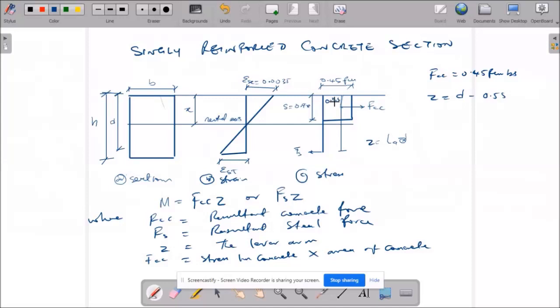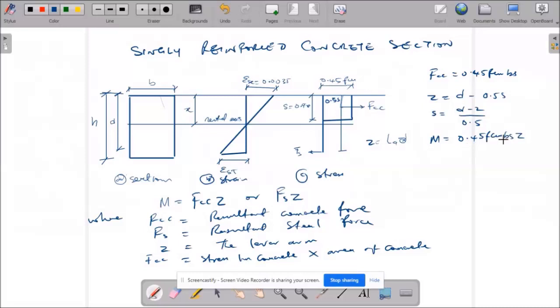When you divide this by 2, you have 0.5S. So S will be equal to 2(D minus Z). So we have M equal to 0.45 FCU BS multiplied by the lever arm, which is Z.